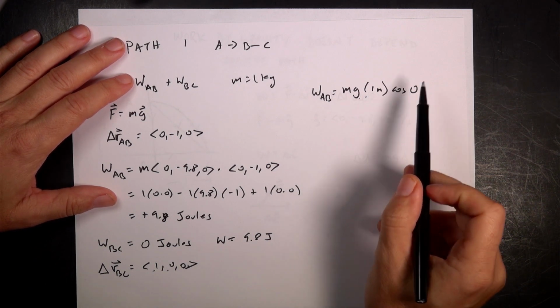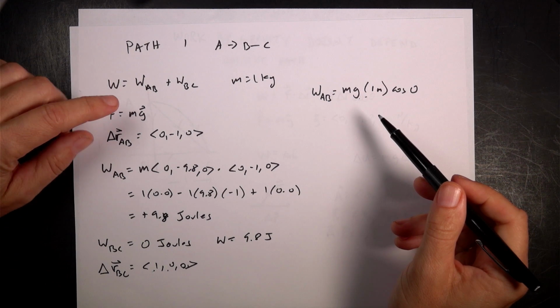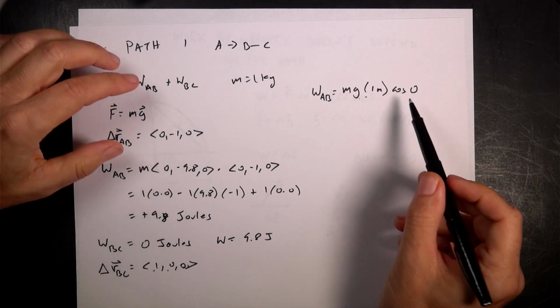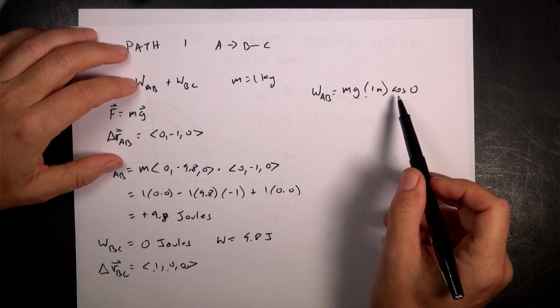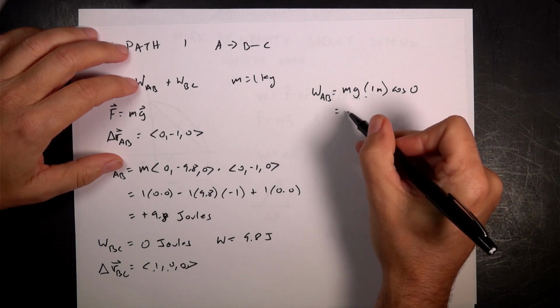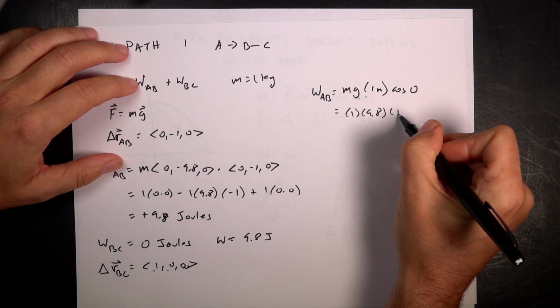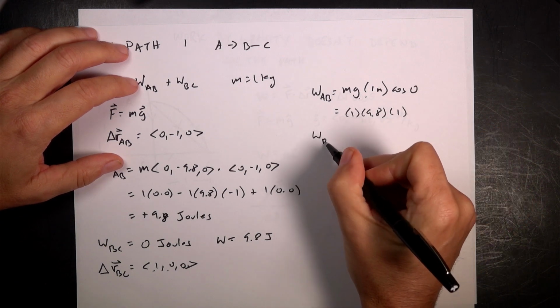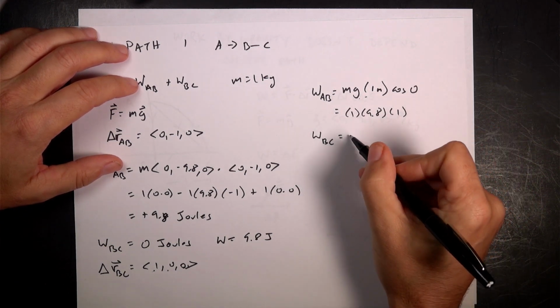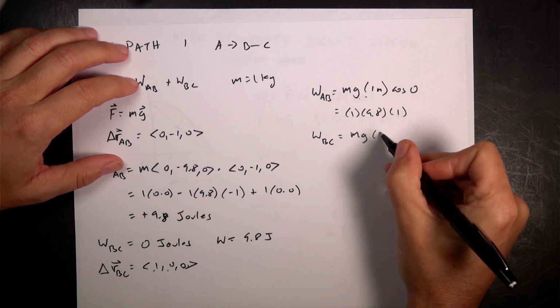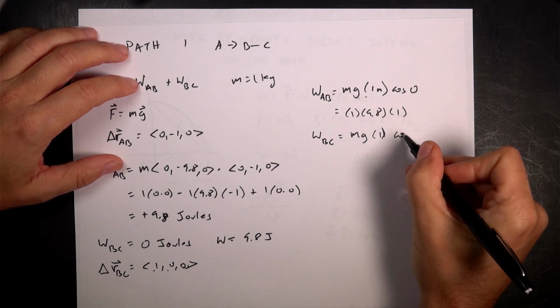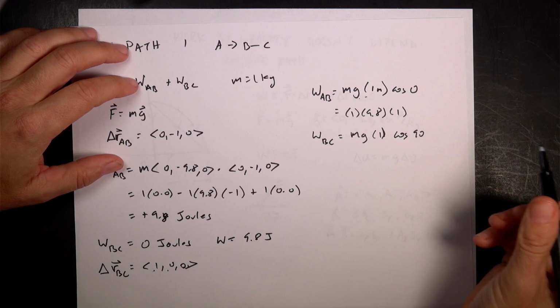And this is the angle between them. So since they're both going down, both g and delta r down, then theta would be 0. The cosine of 0 is 1. So this gives 1 times 9.8 times 1. And then WBC is going to be equal to mg times 1 times cosine of 90, or pi over 2.